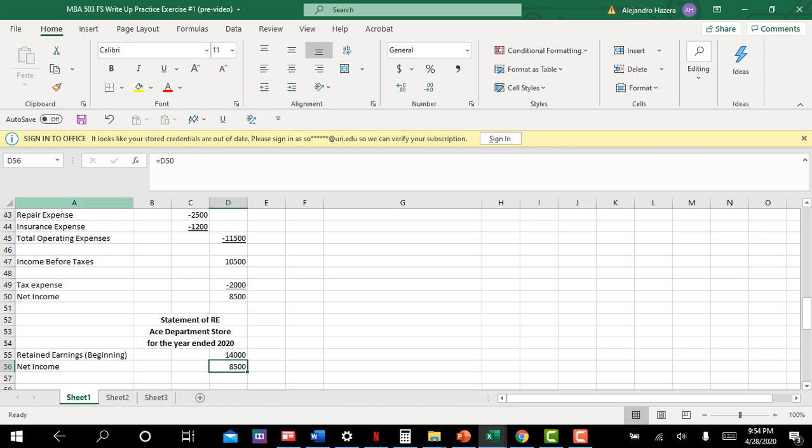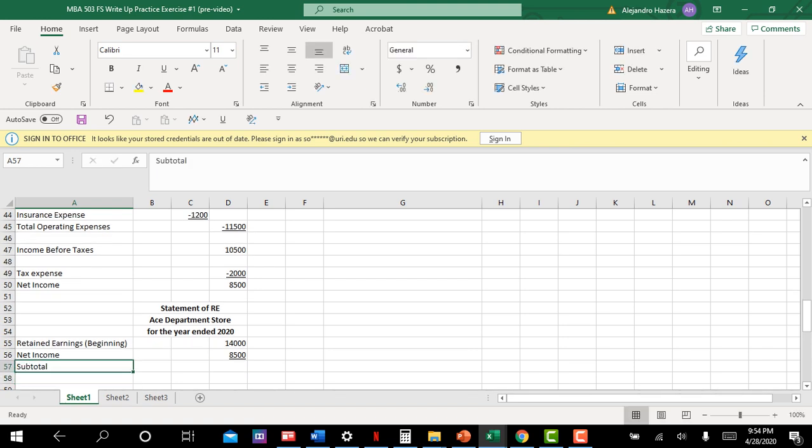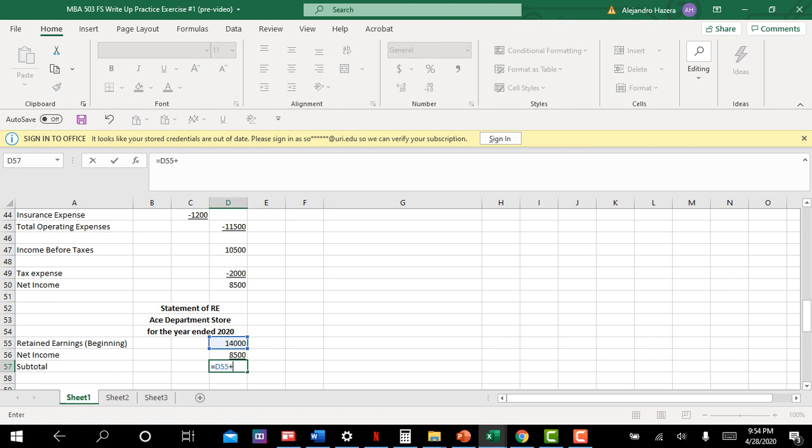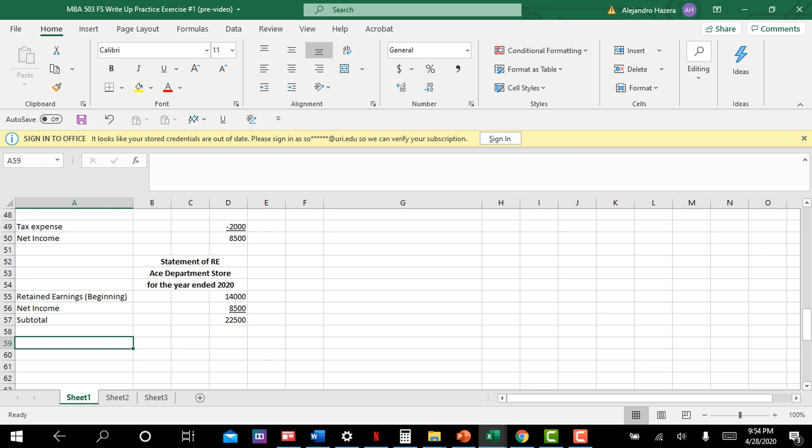I'm going to underline that, and that gives me a subtotal. You could call this retained earnings before distributing your dividends. So beginning retained earnings plus a net income of 8,500 means that you can distribute up to 22,500 in dividends.